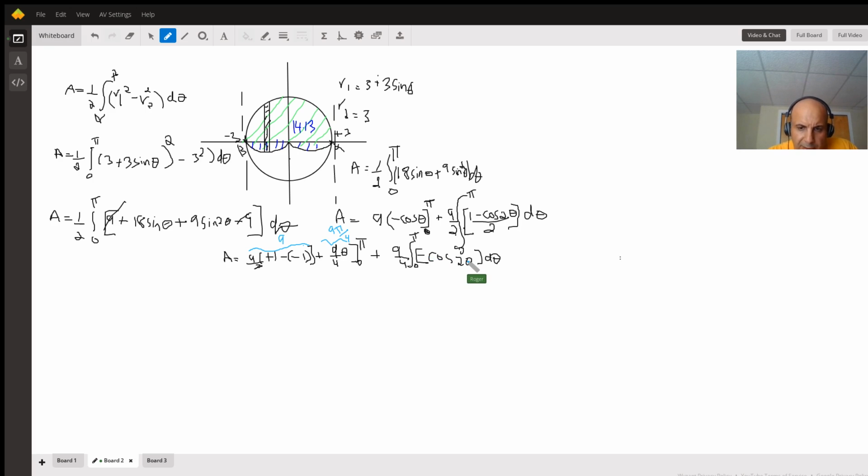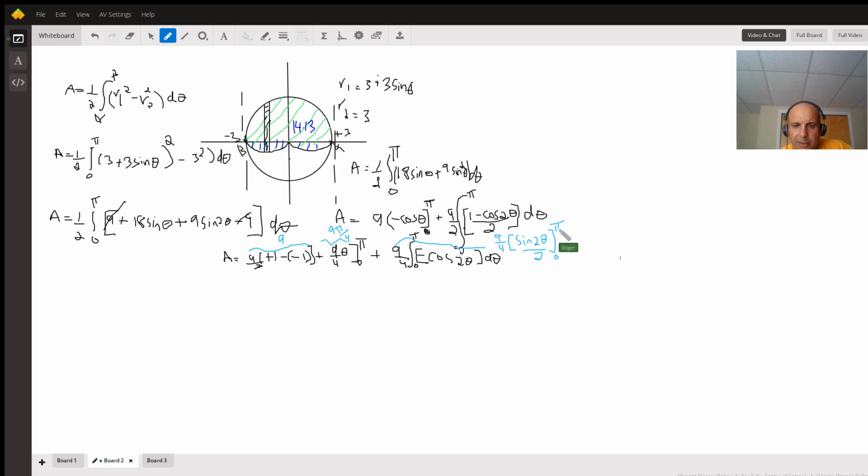Integral of cosine 2 theta is nothing but sine 2 theta over 2, times 9 over 4, from 0 to pi.